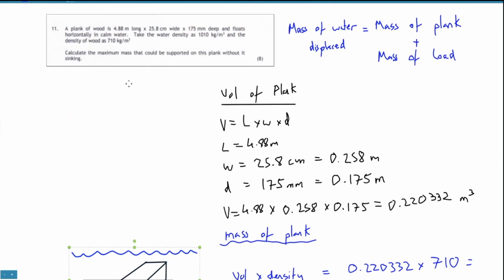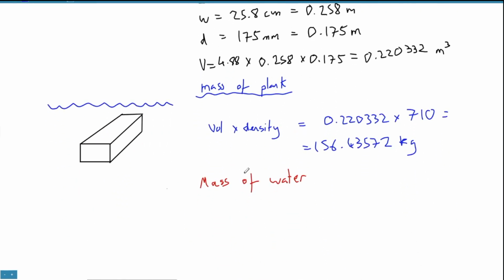And we have the density of water up here as 1010 kilograms per meter cubed. Same deal, we're going to take the volume times the density. And the volume of the water is the same as the volume of the plank, because it's just displacing it. If you imagine a big hole in the water, it will be the same volume as the plank.